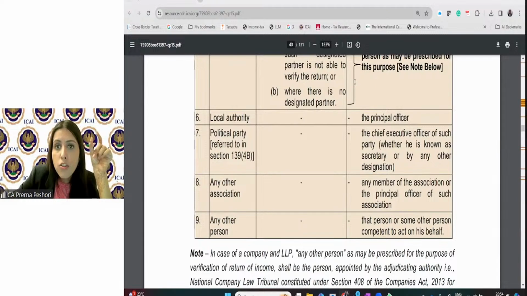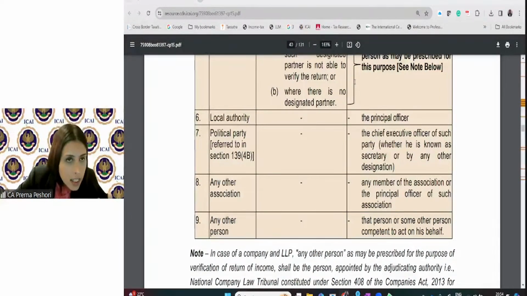Let's try and understand. Section 285BA of the Income Tax Act mandates certain persons to file these statements of financial transaction. It is an obligation to furnish the statement of financial transaction.